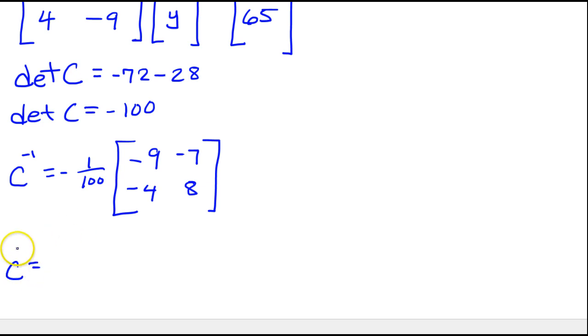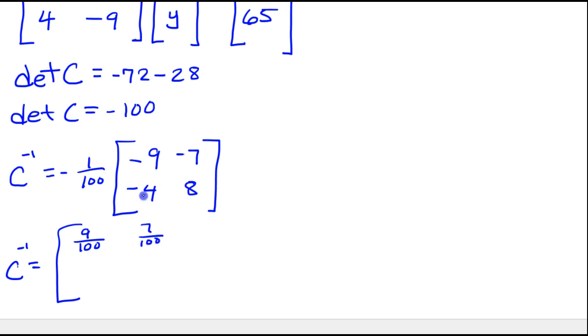So C inverse is going to be, a negative times a negative is a positive. So all of these negatives will turn positive, and this one positive will turn negative. Other than that, we have 9/100, and we have 7/100.